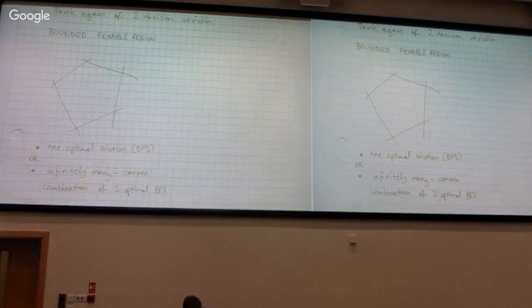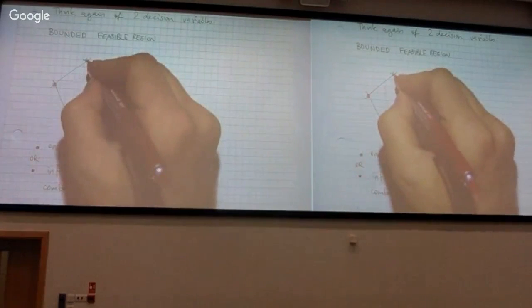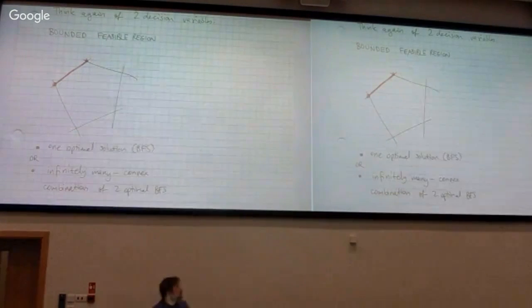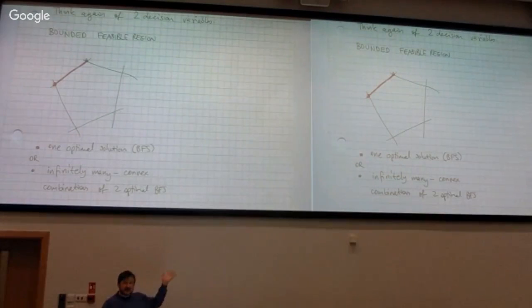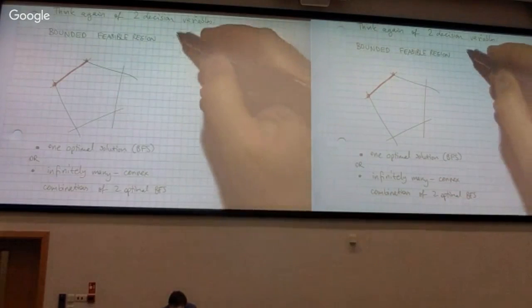So that would be the case when this whole line is optimal. That's exactly the example that we saw in the first one.